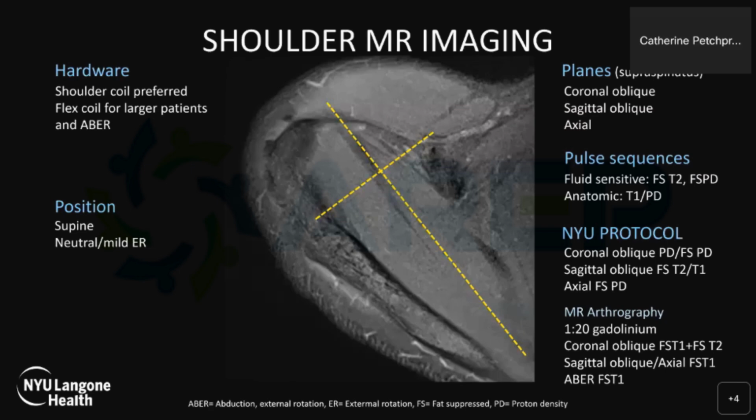We also do MR arthrography in certain circumstances, which is done after a 1 in 20 dilution of gadolinium is injected into the joint to distend the joint and make labral and rotator cuff pathology more conspicuous. When we use gadolinium, we do fat-suppressed T1 weighted images, and we add an AREP T1 fat-suppressed sequence at the end of the exam.